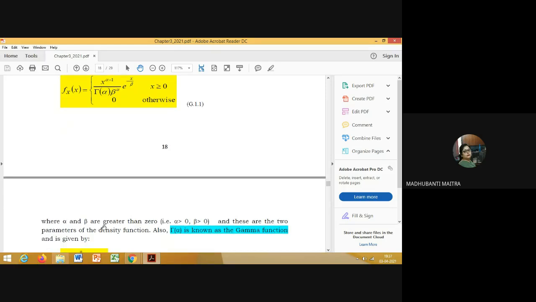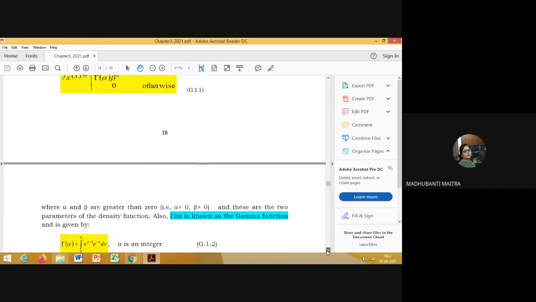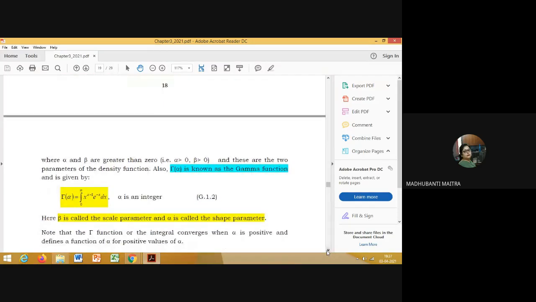Here alpha greater than 0 and beta greater than 0. And tau alpha is known as the gamma function. We know that the gamma function is given by tau alpha equal to the integral from 0 to infinity of x to the power alpha minus 1 e to the power minus x dx. You have studied the gamma function, right?